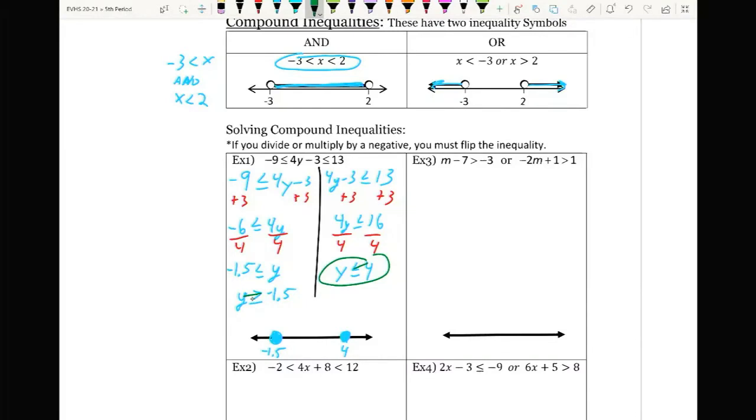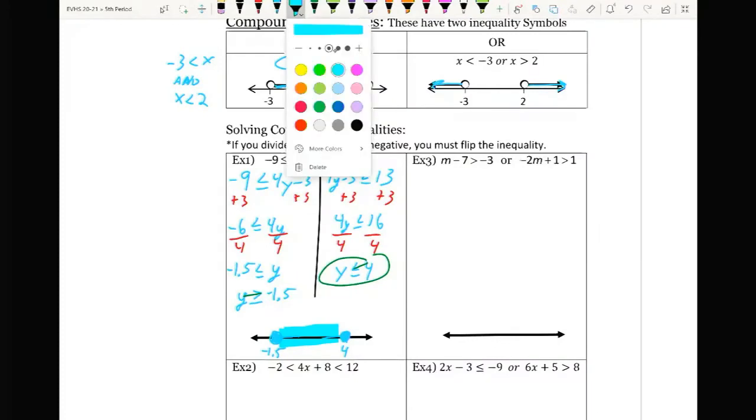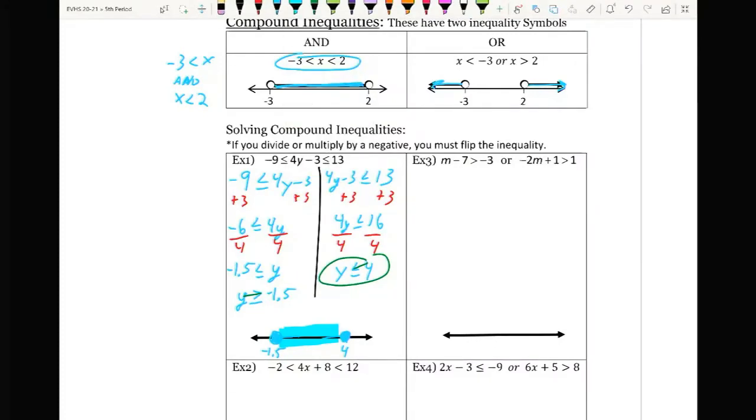So from -1.5, I need to go right. And from y is less than 4, I need to go left. And so I'm going right from -1.5, left from 4. That means it's the area in between them. Let me make that smaller. There we go.